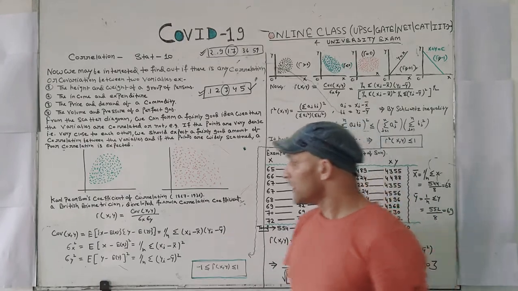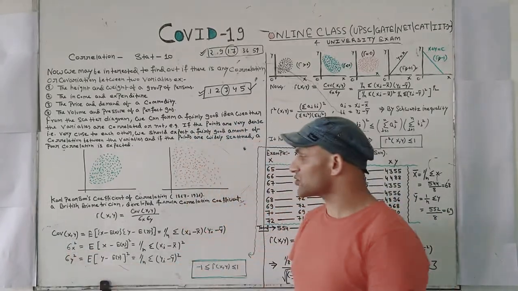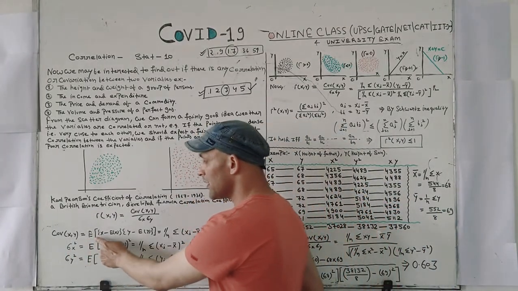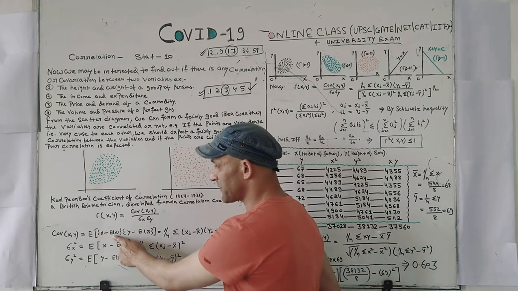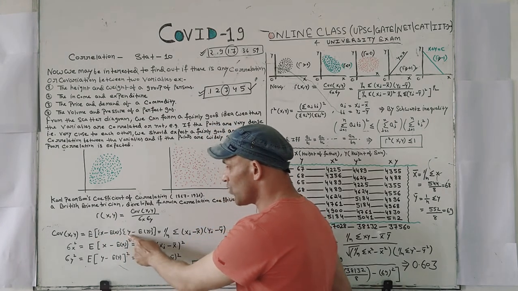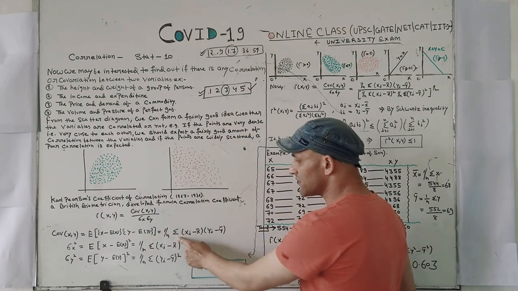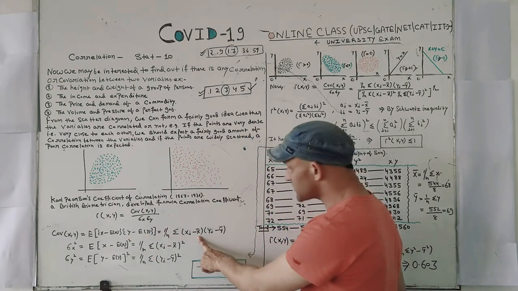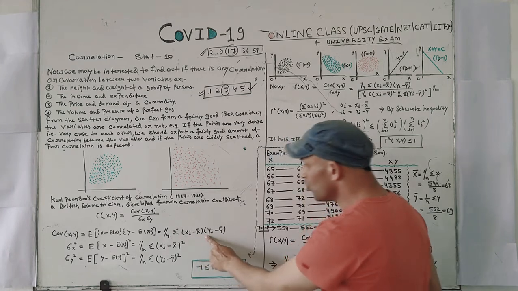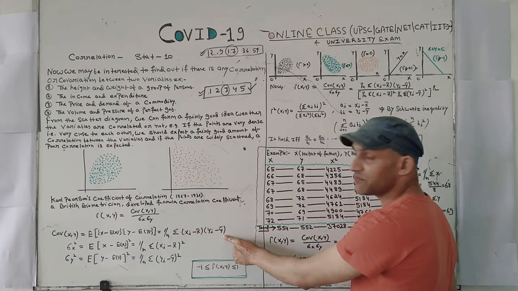Already we have discussed. The covariance of xy is equal to expected value of (x minus expected value of x) into (y minus expected value of y). This is equal to 1 upon n sigma (xi minus x bar) into (yi minus y bar), where bar means mean.